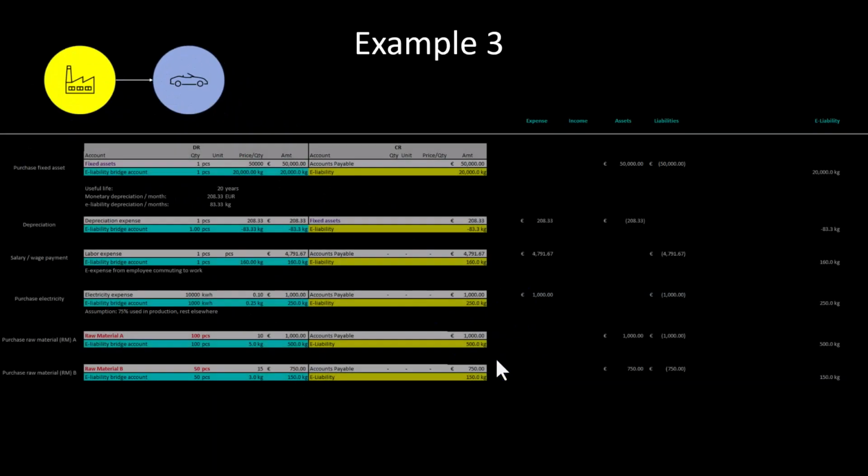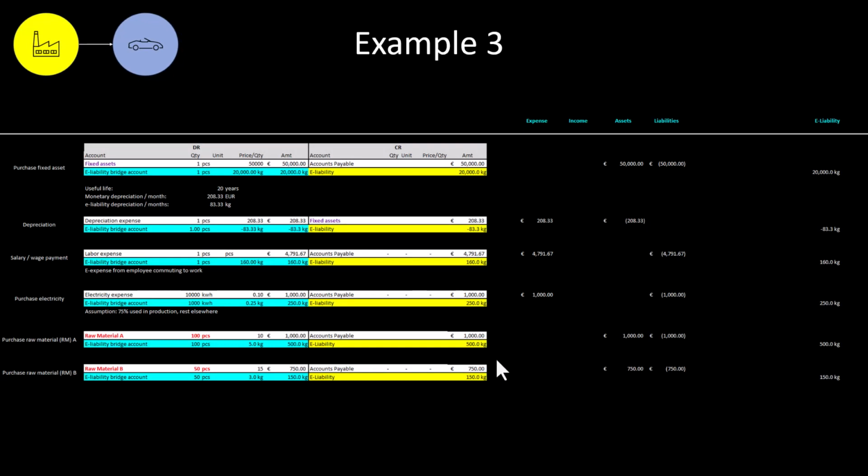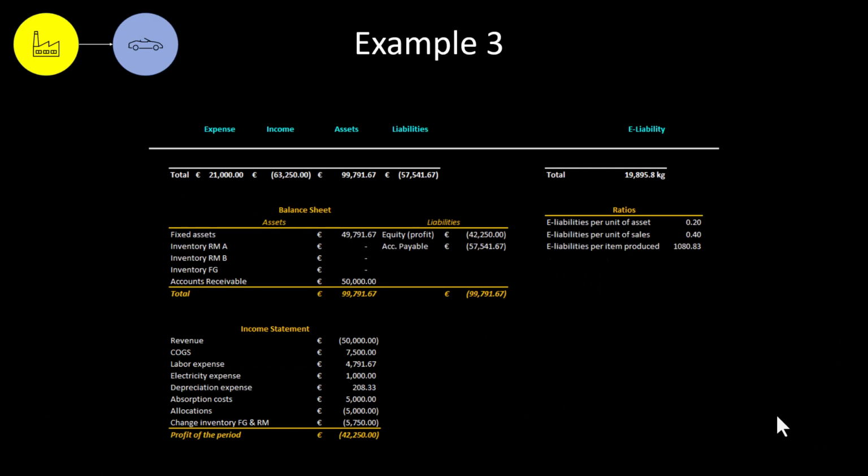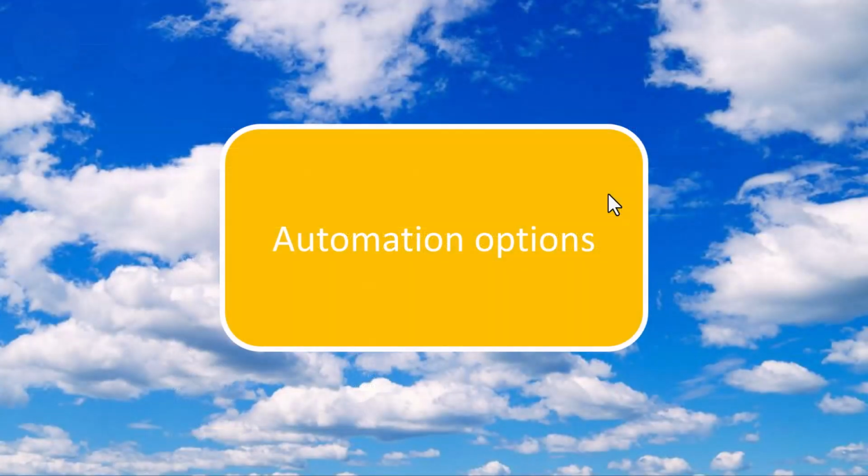I will not go through the transactions, so if you're interested, have a look at the previous post. We had a production audit and then we sold something, and with the sale of our product, part of our carbon emissions is shifted on to our customer. These were the balance sheet and income statement from a financial perspective, and then we had the e-liability section with our carbon emissions.